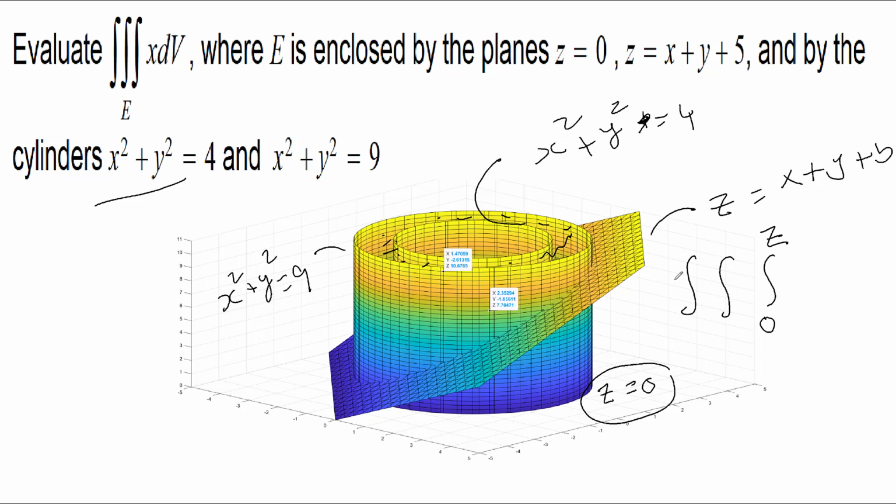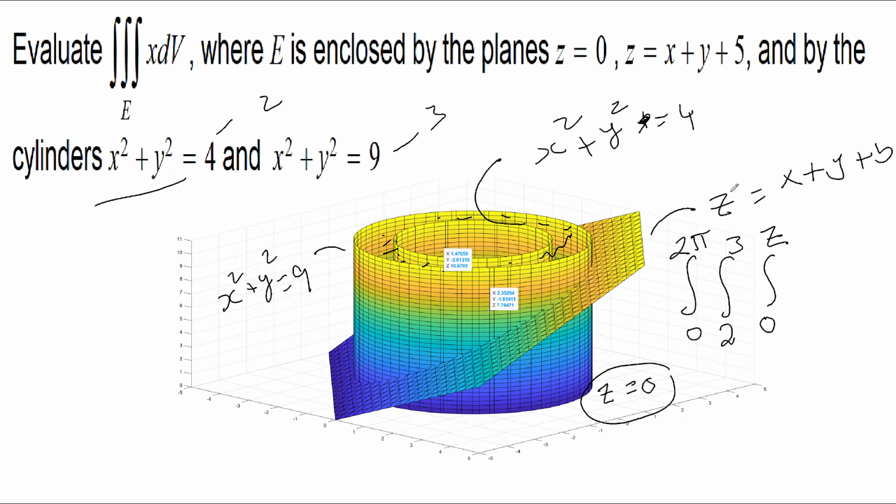So r will vary from where to where? The radius here is 2, the radius here is 3. So r will go from 2 to 3. And since it's going around the entire circle, theta would range from 0 to 2 pi, right?